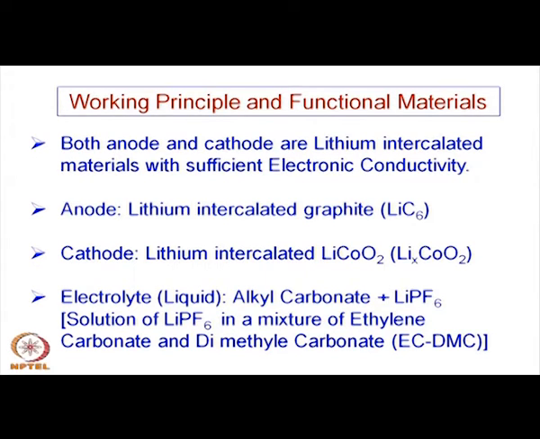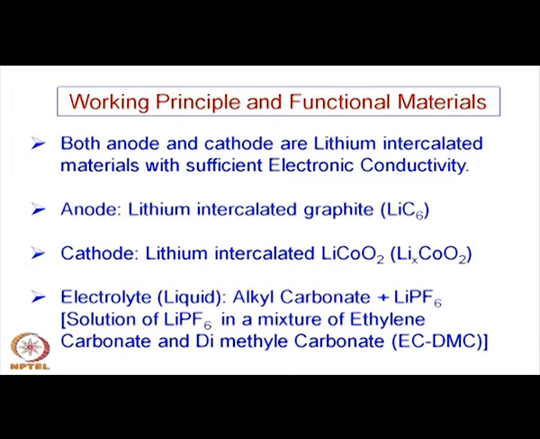The two active materials here, the anode and the cathode, both are lithium intercalated compounds. One is very simply graphite. Graphite, as we all know, has a hexagonal structure, it is a layered structure, and in between the layers we have a very weak bond, the van der Waals bond, and those layers can be filled up with a certain amount of lithium ions.